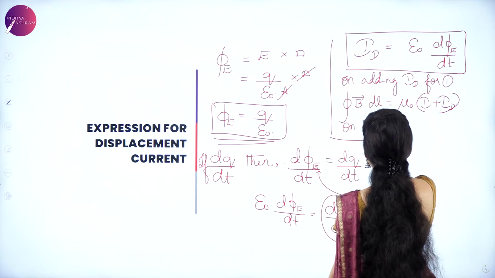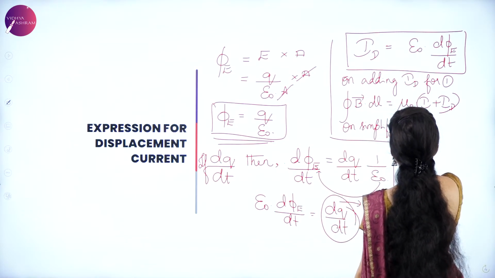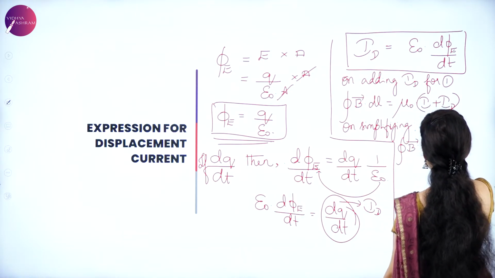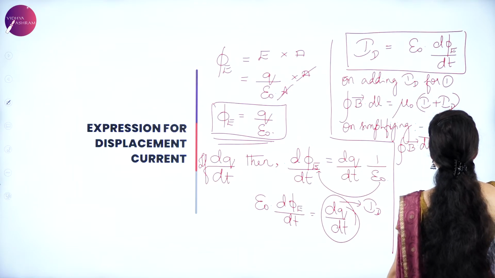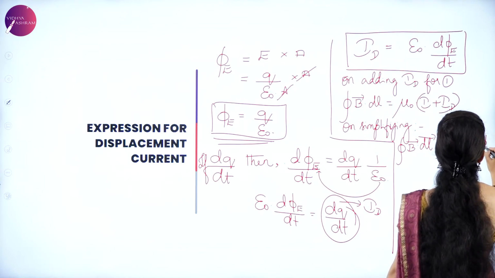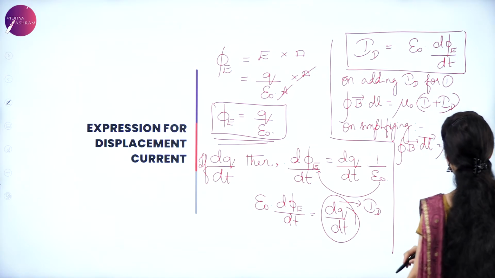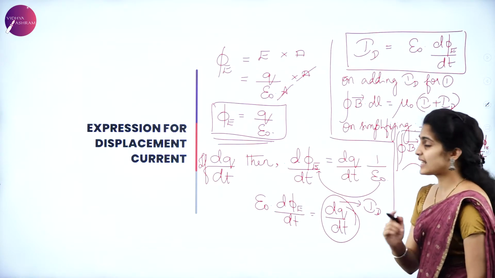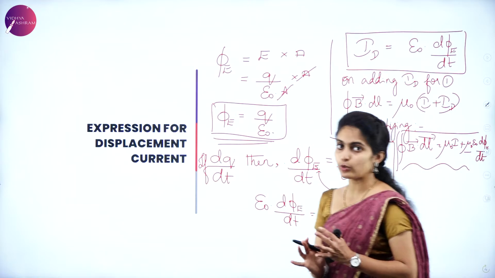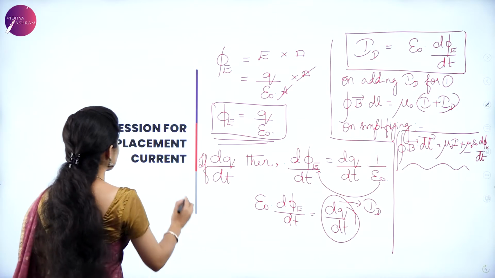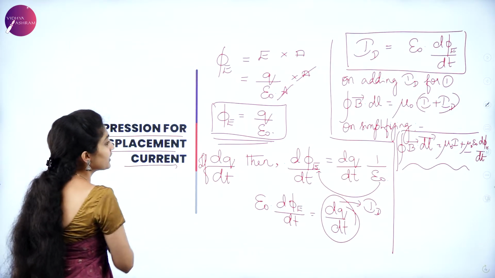On simplifying, we have integral B dl, which is equal to nu naught I plus nu naught epsilon naught and d flux dt. So this is said to be the final equation of ours, which gave the missing term. So the last term is the final equation in order to represent the missing term. So this expression is called the expression for displacement current.